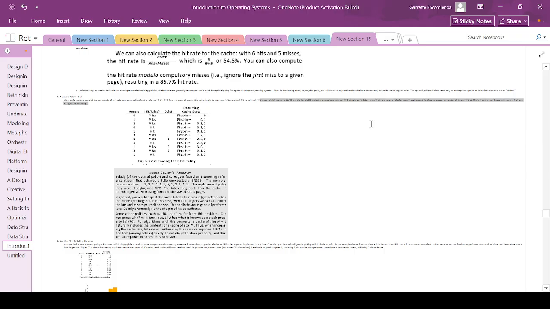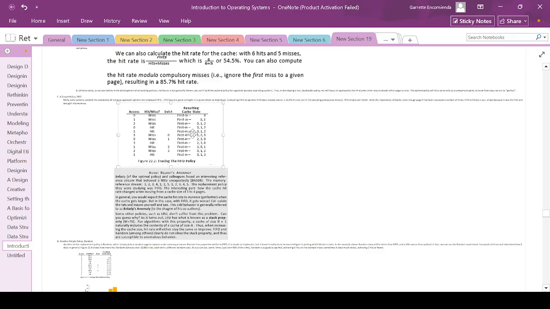FIFO simply can't determine the importance of blocks, even though page 0 had been accessed a number of times. Since it doesn't learn from the past, it doesn't have state, so it still evicts it even though it doesn't make sense. That's the weakness of FIFO. It's not that smart. FIFO still kicks it out simply because it was the first one brought into memory. So here is the example. First in, miss.